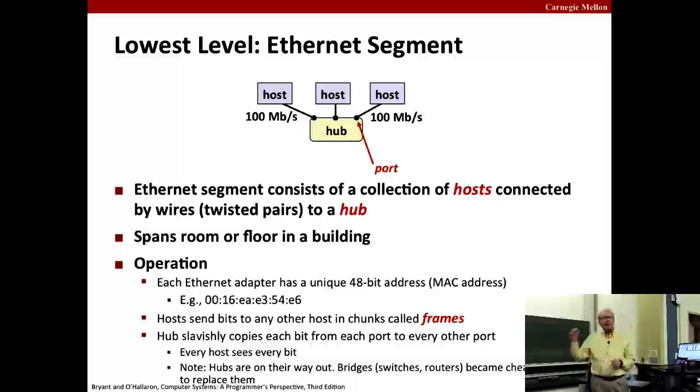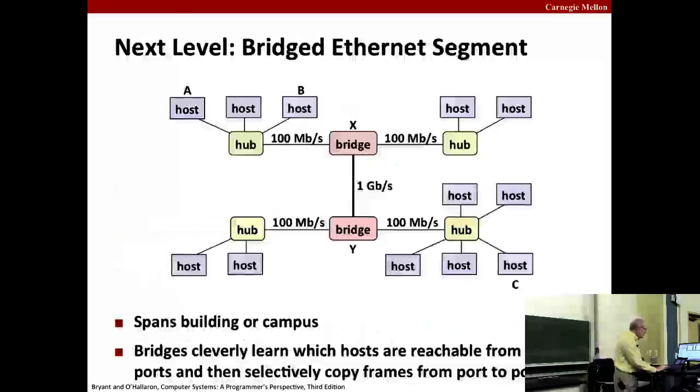Now in the wired world, what's evolved is usually when you buy a box or you get one from your cable company with all those ports in it, it's actually called a router or sometimes a switch, in that it doesn't broadcast to everyone. It selectively tries to guess, is this particular message bound for this particular host, and only sends to that one.